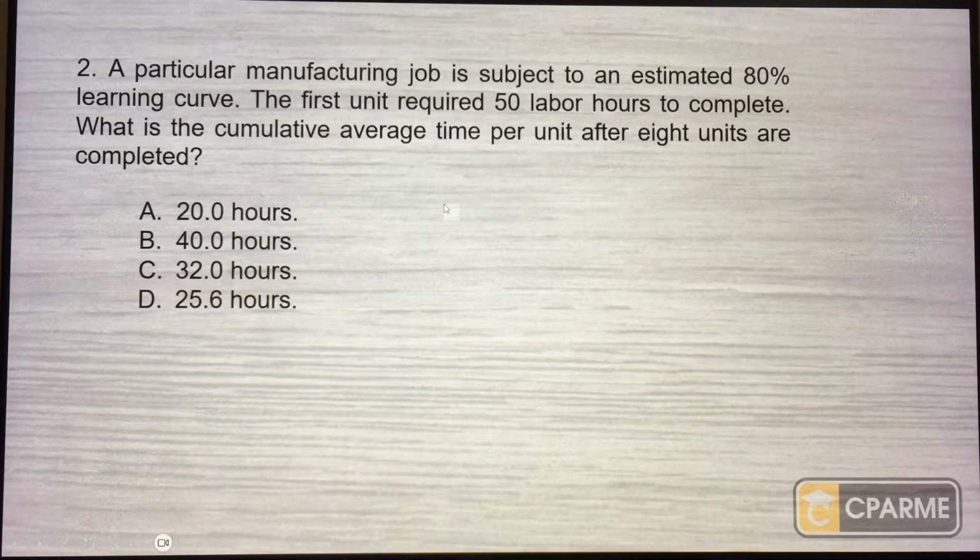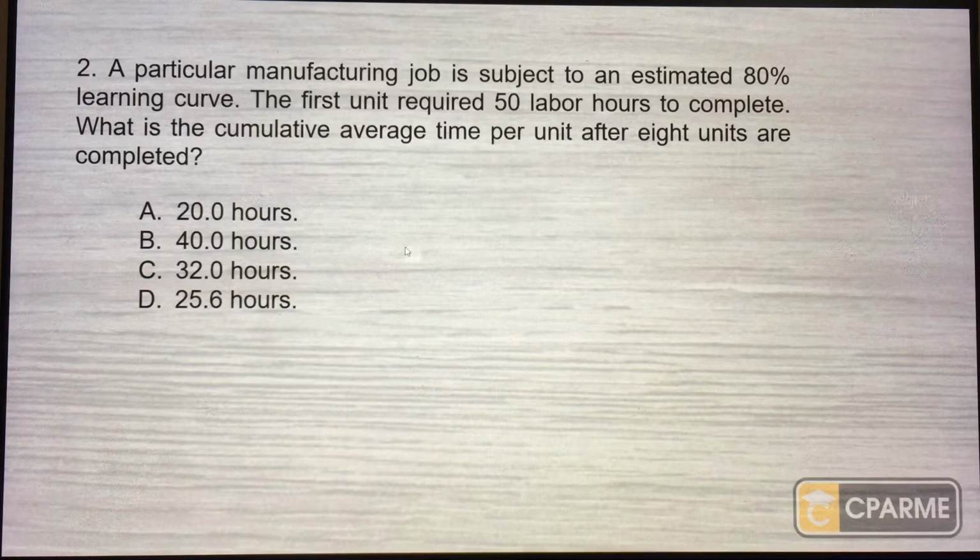You can do it directly since it's 8 units: the first unit is equal to 1, and then it doubles, 1, 2, 4, 8, until 8. The 50 we just multiply by 80% three times, so 50 times 0.8 times 0.8 times 0.8.